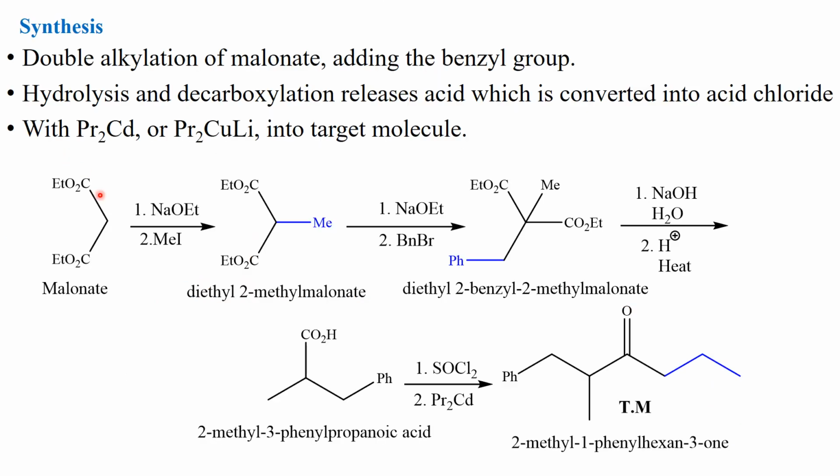Synthesis involves first methylation at the activated carbon and then the benzylation at the same carbon. The ester group is hydrolyzed and converted into acid. One acid group is decarboxylated and another is converted into acid chloride. By using di-n-propyl cadmium, the target molecule is obtained.